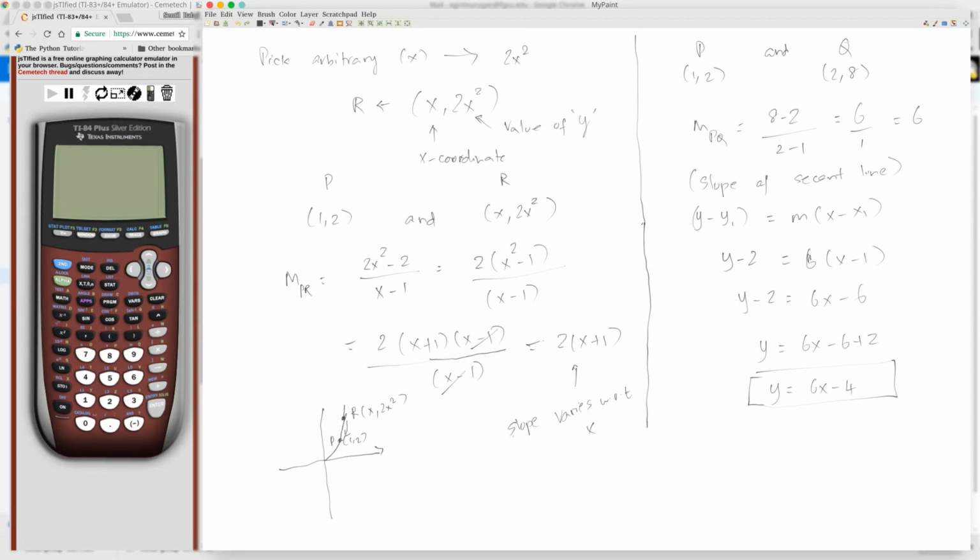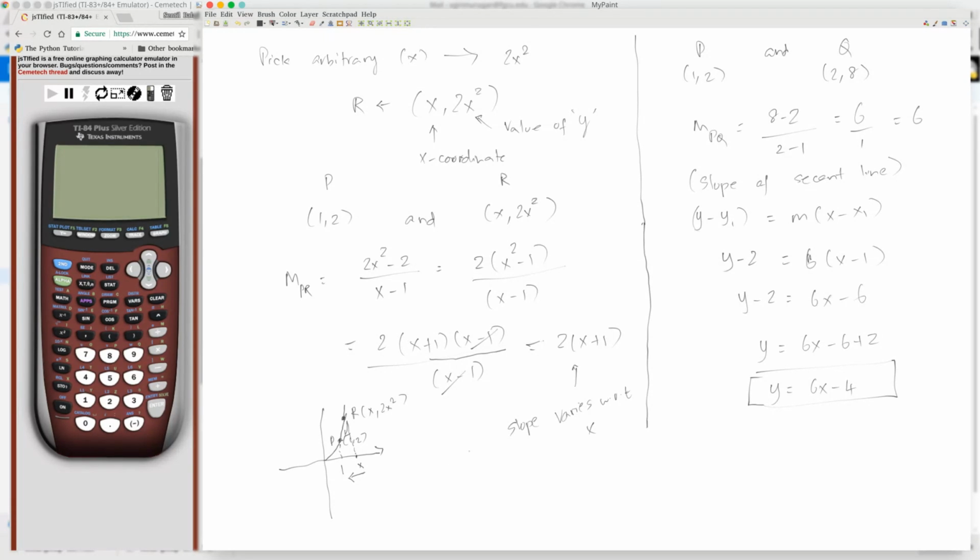I know the slope between P and R to be 2 times x plus 1. Now my job is to change the value of x, which is right over here, and P's x value is 1. I'm going to bring x really close to 1.